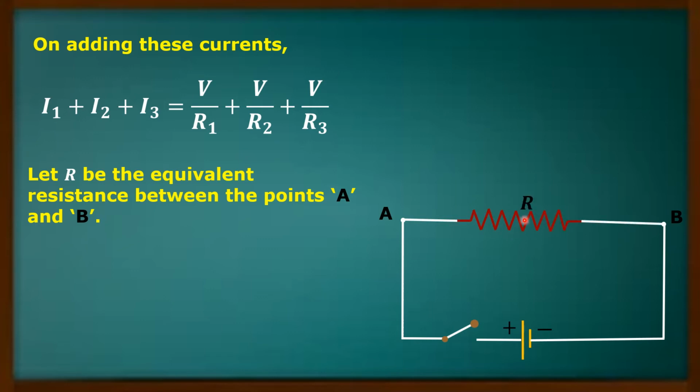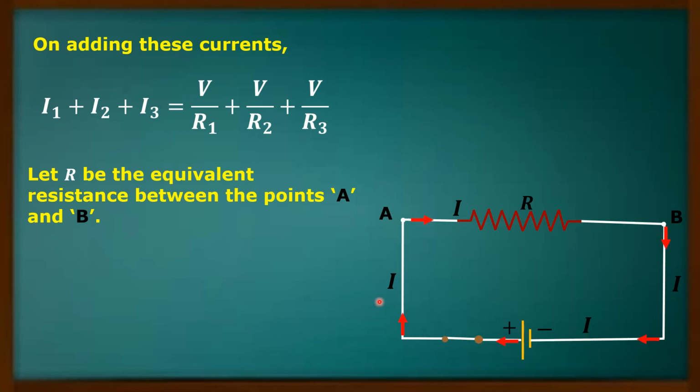Okay, so R is the equivalent resistance of the three resistors, and let us turn the switch on.